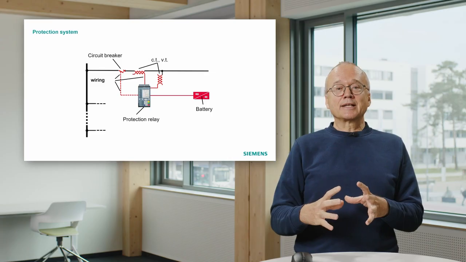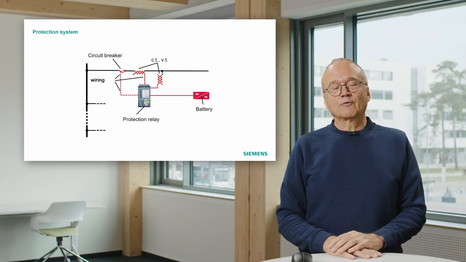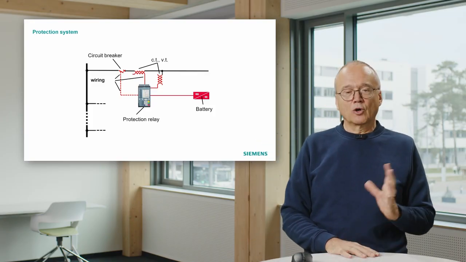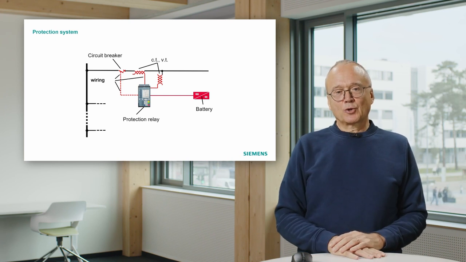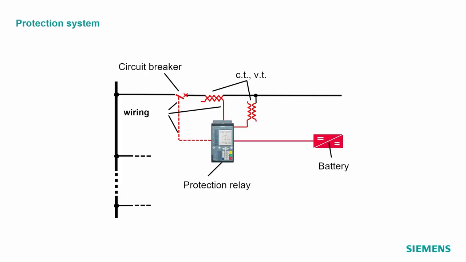And the protection relays are somewhere in a relay house. Now you can imagine you have a lot of wires, and these wires can be 100 meters long or longer. So sometimes also things happen with the wiring, so we sometimes also have to pay attention to that.